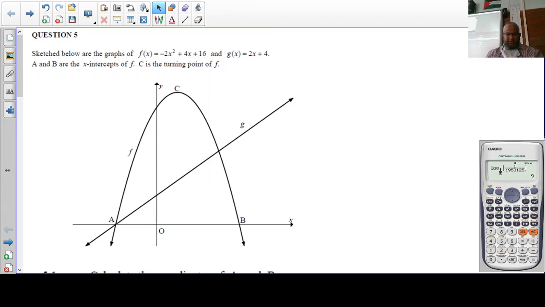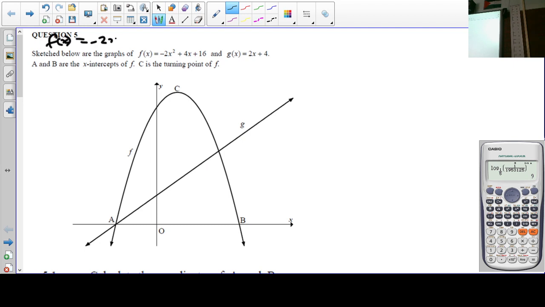In question 5 we are told, sketched below are the graphs of f of x equals negative 2x squared plus 4x plus 16 and g of x equals 2x plus 4. A and B are x intercepts of f. C is the turning point of f as well. Okay?